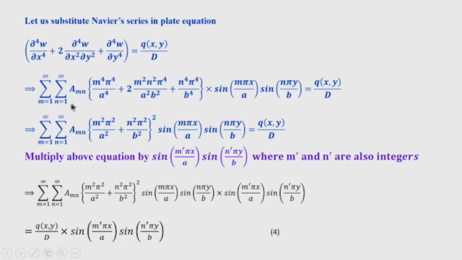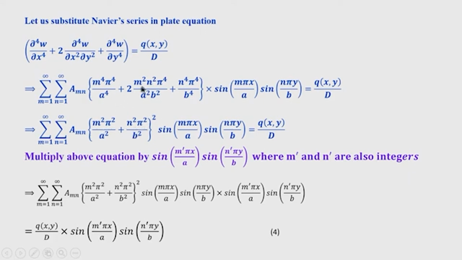So, this constant that is written inside the second bracket, m to the power 4 pi to the power 4 by a to the power 4 plus 2 into m square n square pi to the power 4 divided by a square into b square plus n to the power 4 pi to the power 4 divided by b to the power 4, can be conveniently expressed as m square pi square by a square plus n square pi square by b square, whole square.